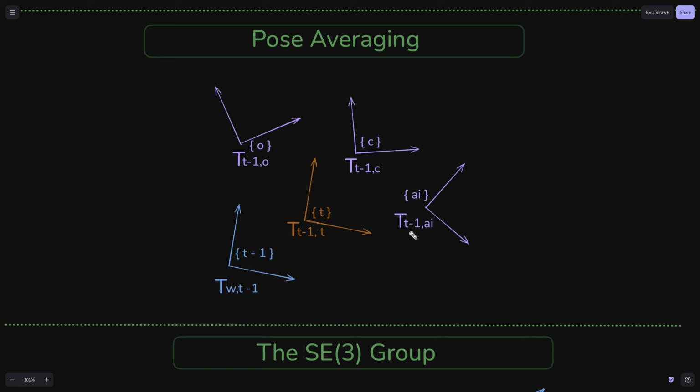And then we have maybe some foundational geometric models that provide us this AI frame. Note that all these sensors provide transformations with respect to the previous frame. Okay, so the previous frame was t-1. The current frames are those here.